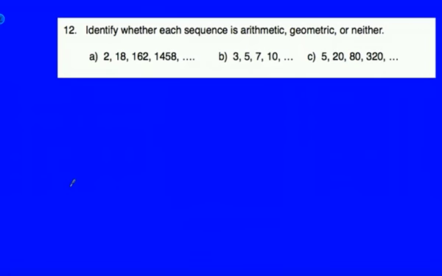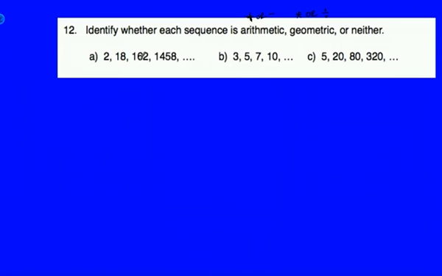12 says identify whether each sequence is arithmetic, geometric, or neither. Remember that arithmetic means that you add or subtract, and geometric means that you multiply or divide. So if we start with 2, to get to 18, we would either add 16 or we would multiply by 9.